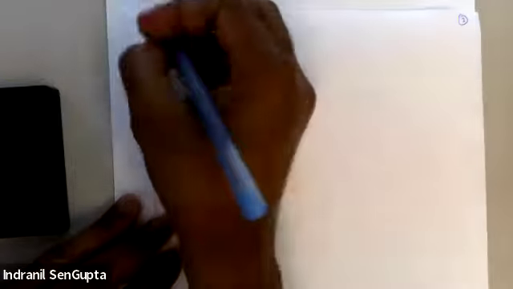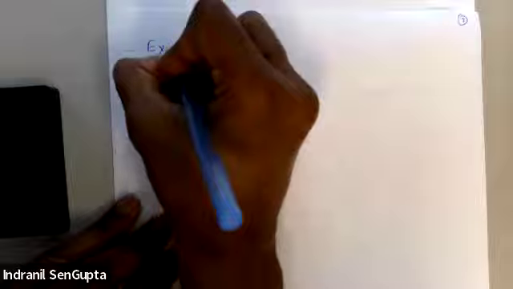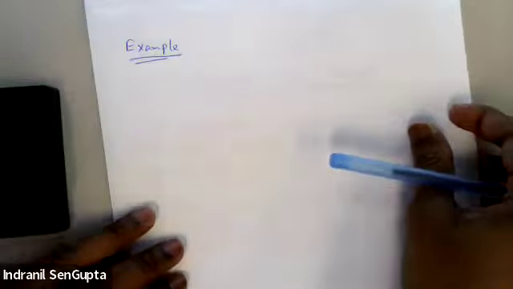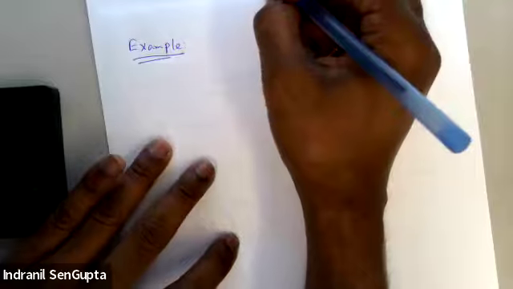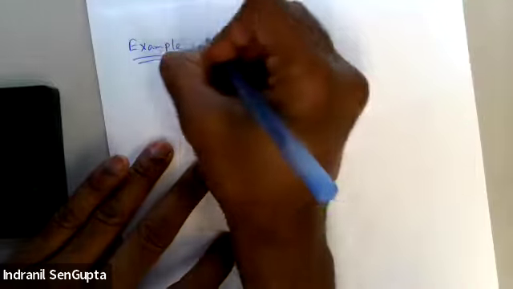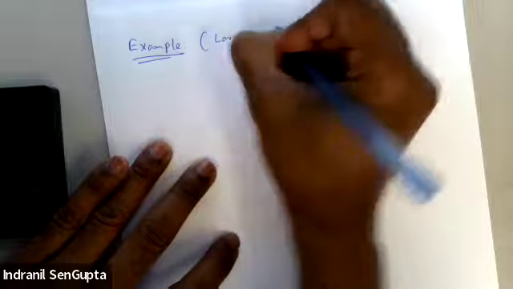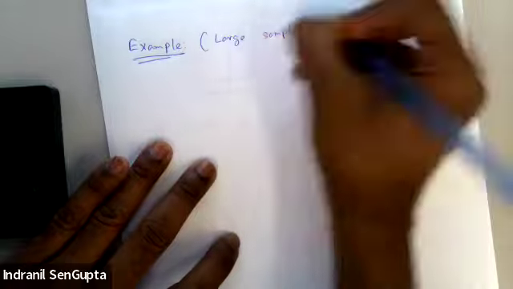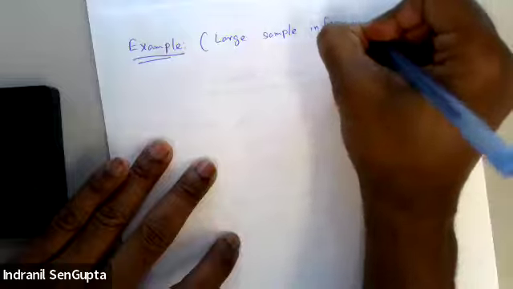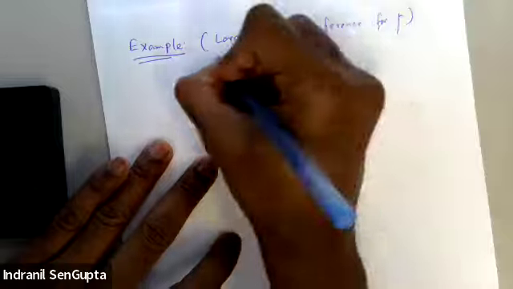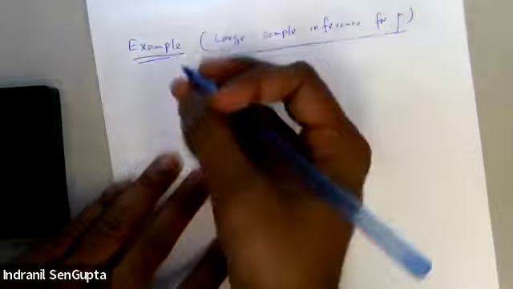Here is an example. It's called the large sample inference for mu. It goes like the following.